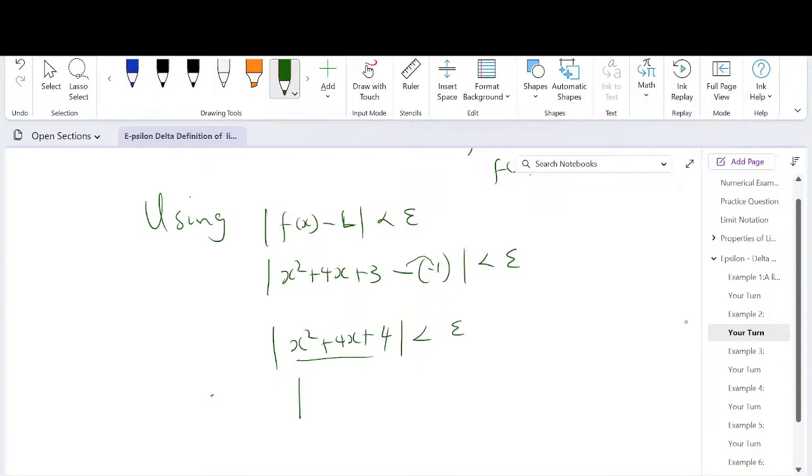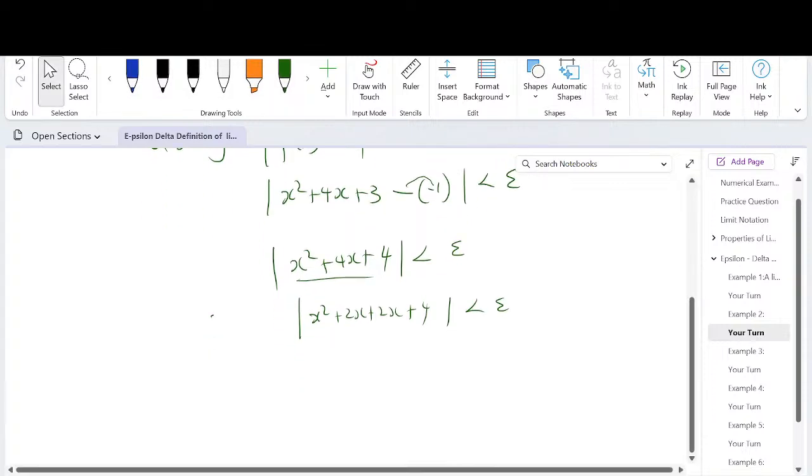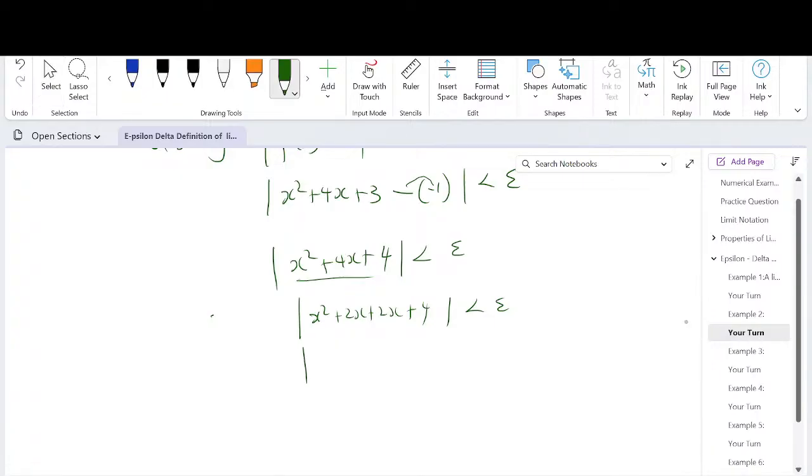So x squared plus 2x plus 2x plus 4, then less than epsilon. So from here, let us separate completely: x into x plus 2, plus 2 into x plus 2, less than epsilon.